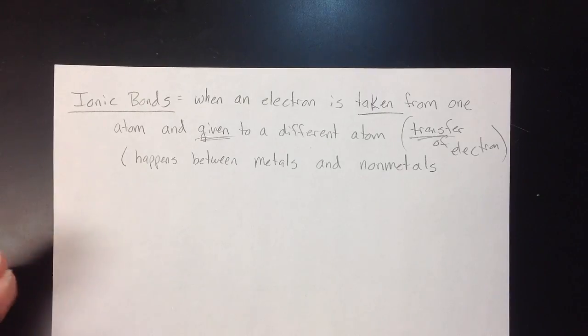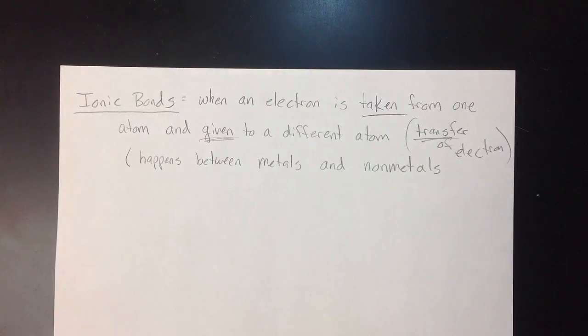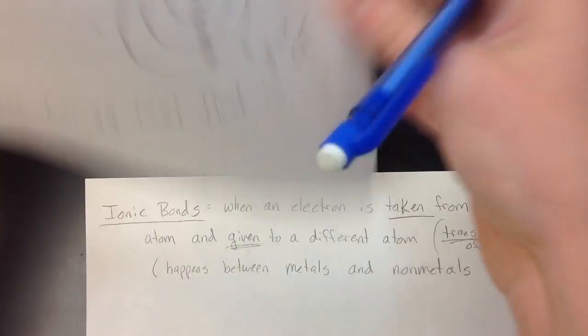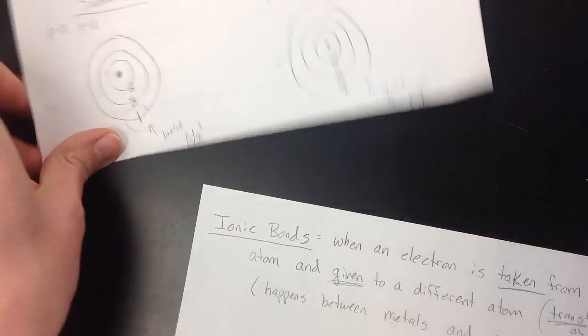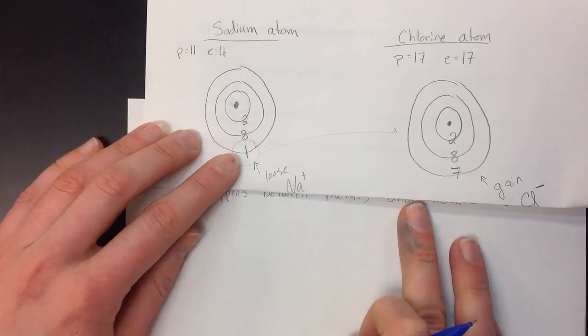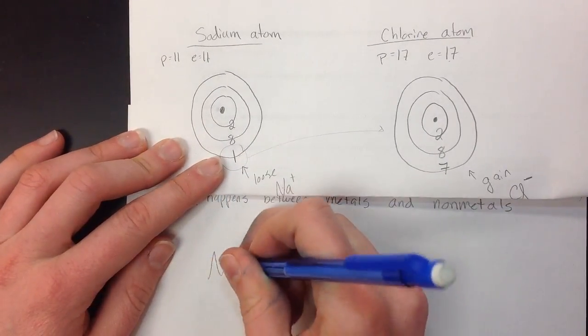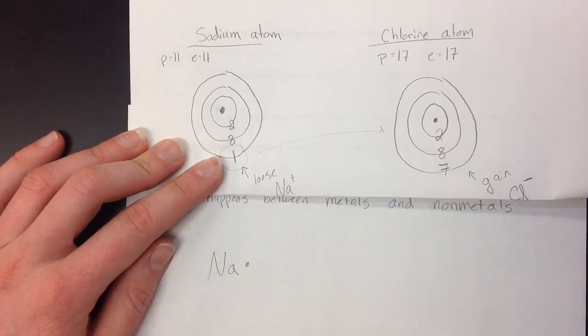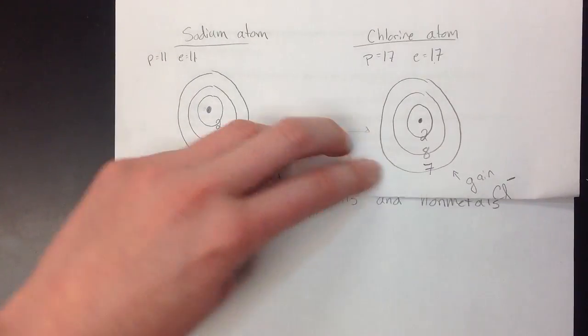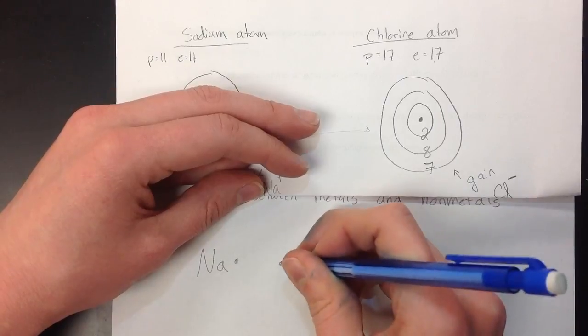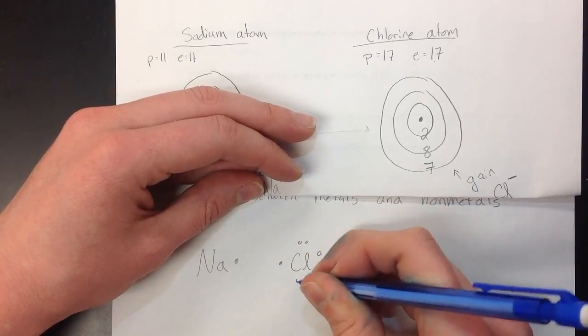For example, our sodium being a metal and our chlorine being a nonmetal. We saw earlier in our Bohr model, for sodium, we had 1 valence electron, so I'm going to draw Na with my 1 valence electron. Chlorine, we had 7, so I'm going to draw chlorine with 7 valence electrons around it.